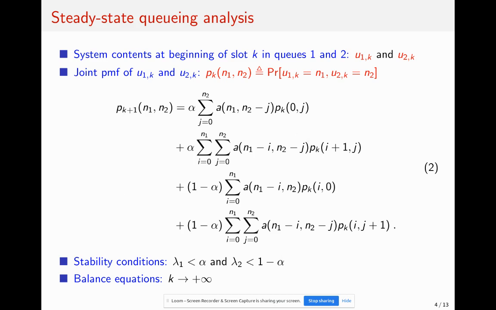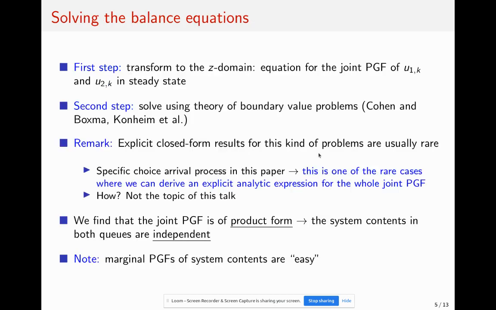Okay, and then we want to solve the balance equations, and we do that by transforming them to the z domain. So we use generating functions, namely a joint generating function. If you transform the balance equations, you actually obtain a functional equation for the joint generating function. It's an understatement to say that it is very, very difficult to solve this equation.